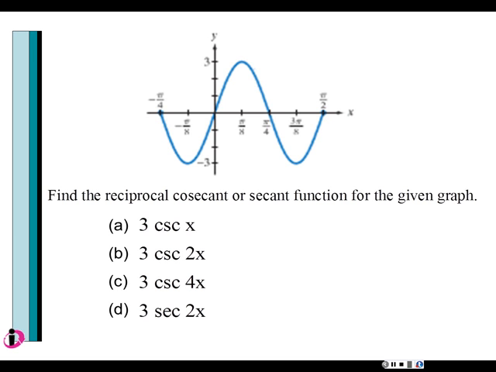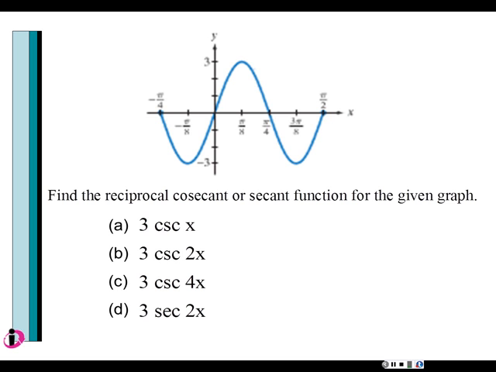If you think of it as a sine graph, you know the cosec is related to sine. This is going to be sine x, this is going to be sine 2x, and this is going to be sine 4x. What can you infer from x, 2x, or 4x? You can find the period, right? Now, let's check what the period is in this one.